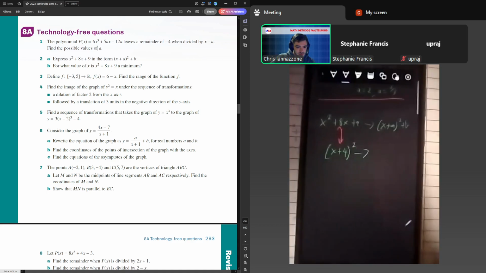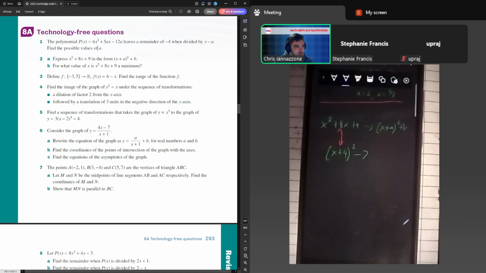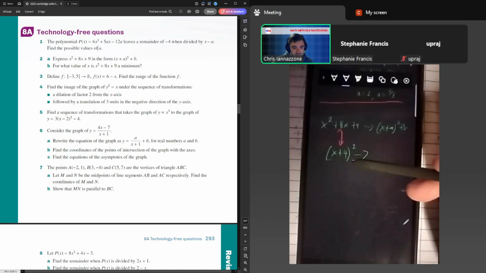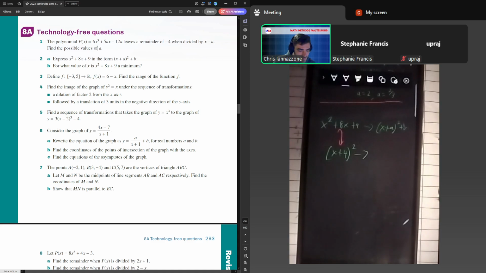So what's the x value that gives us a minimum? Would it be -7, when the x, because it's a positive 4, would be -4? Yeah, correct. You're given both answers there: the actual minimum, -7, and the x value that gives you the minimum, which is -4, because +4 means shift left by 4. Nice. Thank you.